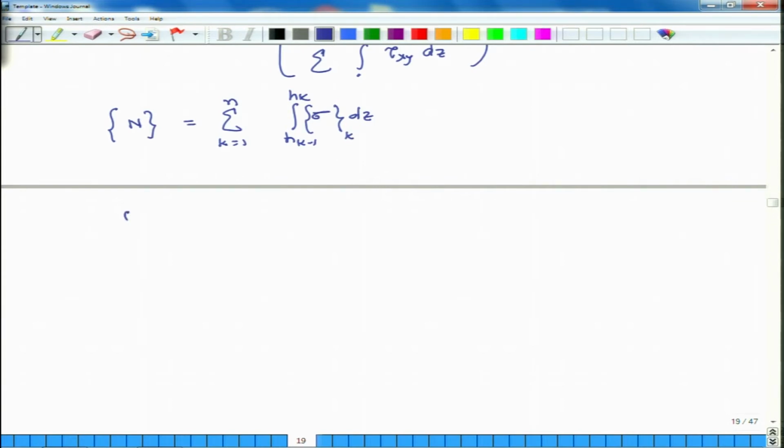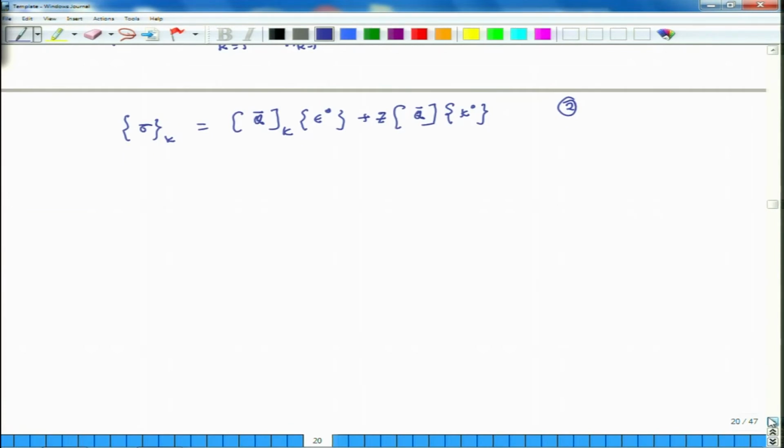So, we know that stress for the kth layer is nothing but Q bar matrix for the kth layer times mid plane strain plus Q bar matrix for the kth layer times mid plane curvature, and this entire thing is to be multiplied by z. Okay. So, let us call this equation 1 and let us call this equation 2.